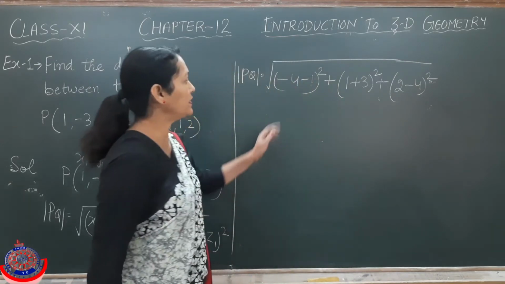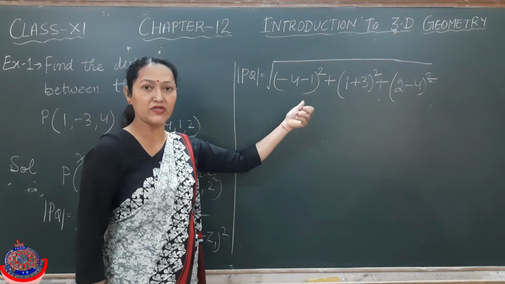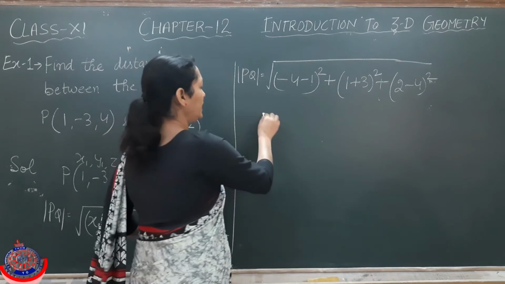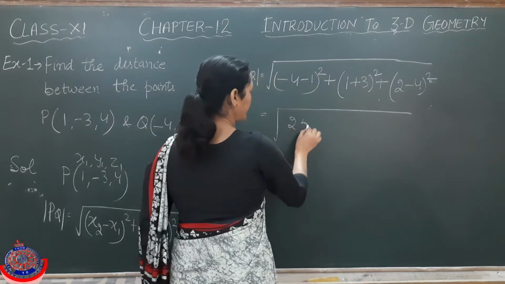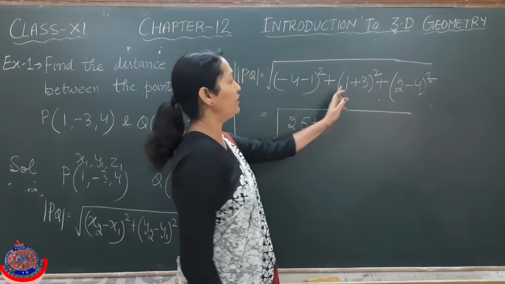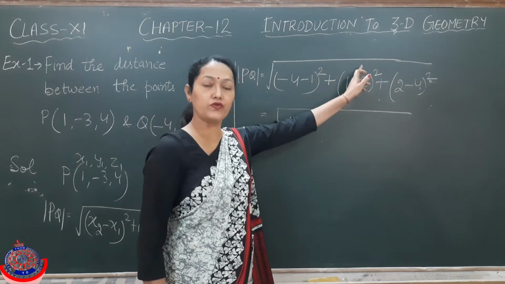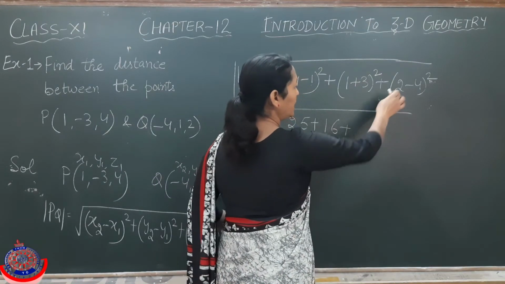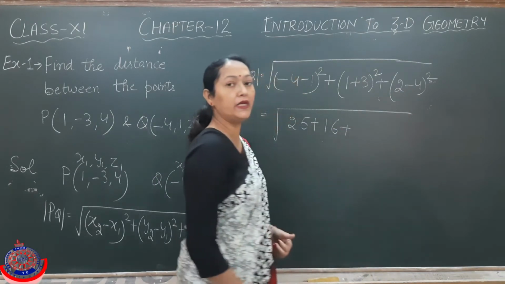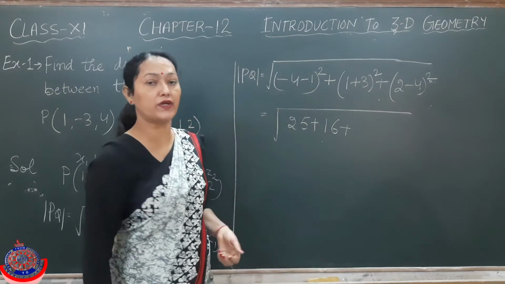Let us calculate minus 4 and minus 1. Minus 5 whole square will be 25. Then 1 plus 3, 4 and 4 square will be 16. 2 minus 4 will be minus 2 and minus 2 square will be 4.